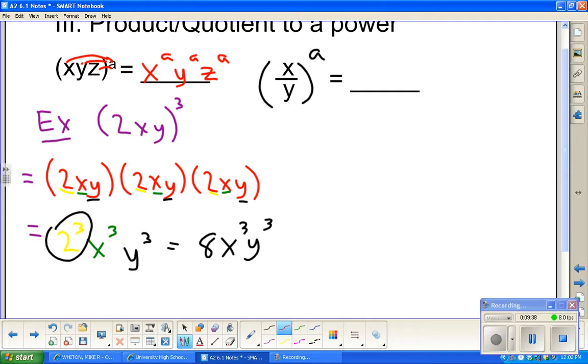Okay, fractions are the same way. If it was like 2/3 to the third or something. Again, kind of think of it like distributing. Take the numerator to the third power and the denominator. So 2 to the third over 3 to the third.